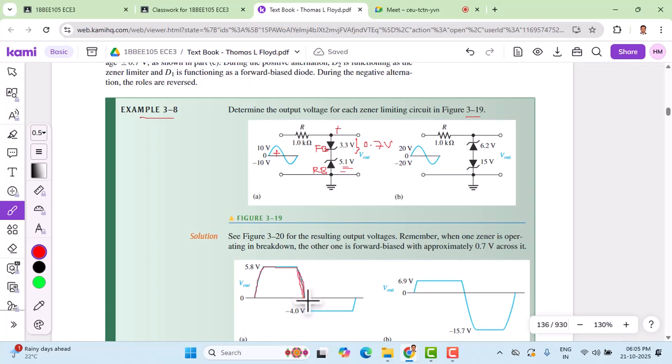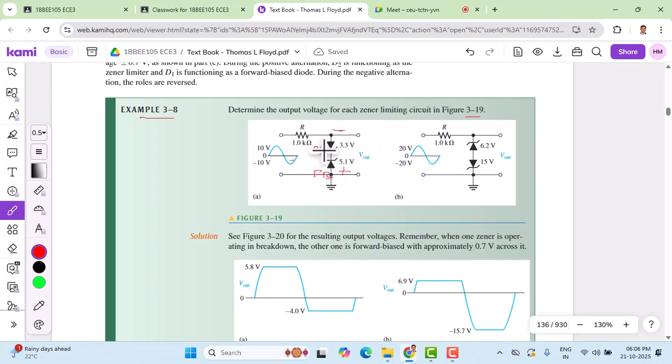Now let us look at what happens in the negative half cycle, and see how the circuit works. Considering the negative half cycle, the polarity will be minus here and plus here. So the upper Zener diode is reverse biased, and the lower one is forward biased.